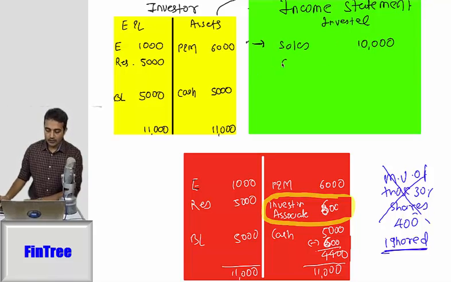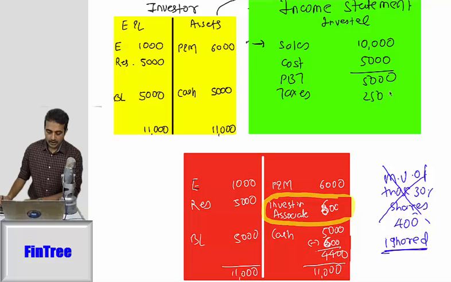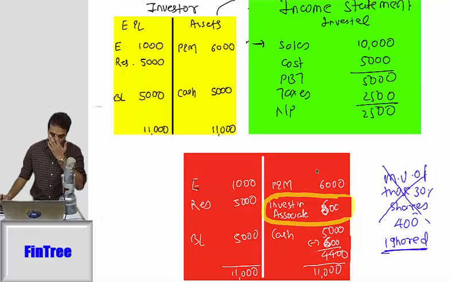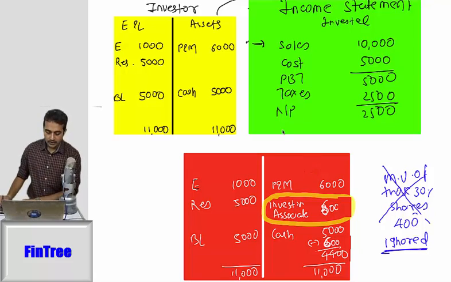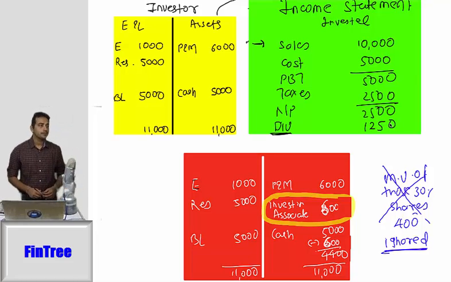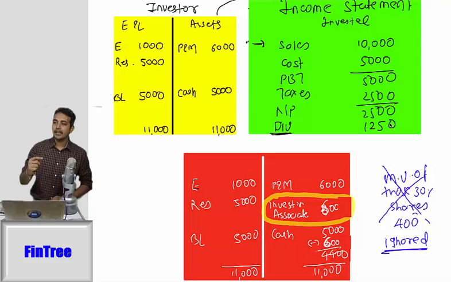It incurs a cost of 5,000. So profit before tax 5,000. It pays taxes of 2,500. Net profit 2,500. Out of this 2,500, it decides to pay a dividend of 1,250. Okay, this is what is happening in the books of investee subsequent year.